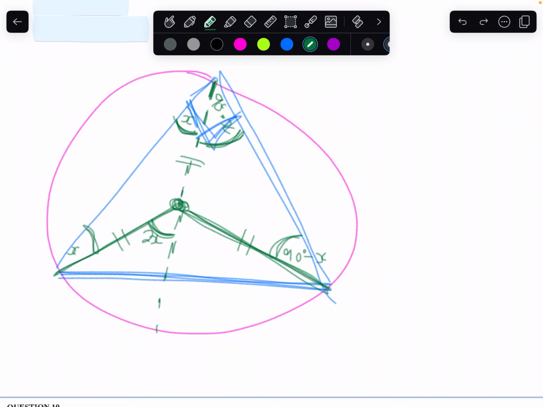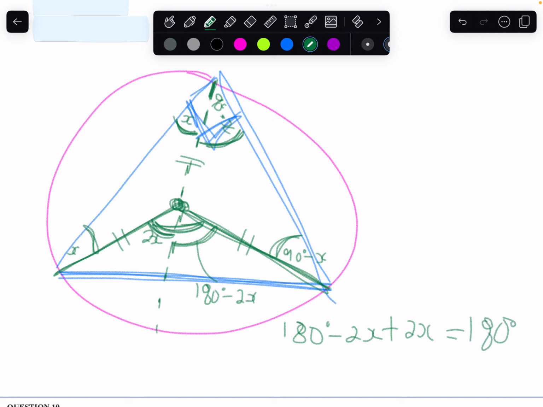Okay, then this angle will be 180 degrees minus 2x, right? 90 plus 90, which is 180, minus x, which is minus 2x. Okay, so we now see that this angle at the center is actually going to be 180 degrees minus 2x plus 2x, which is 180 degrees.